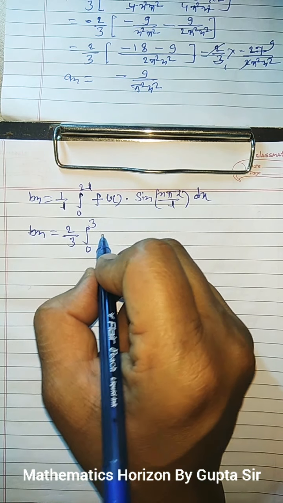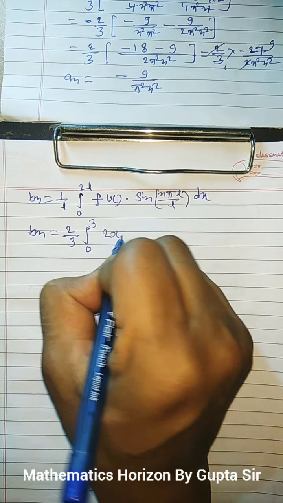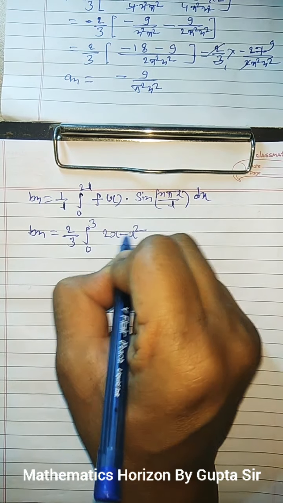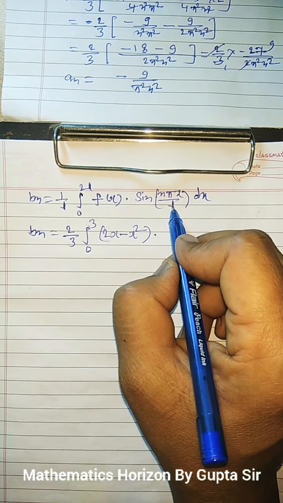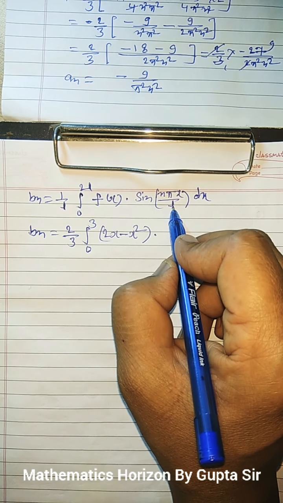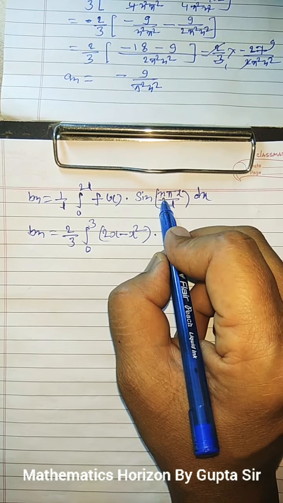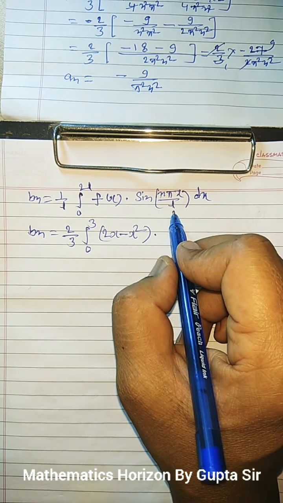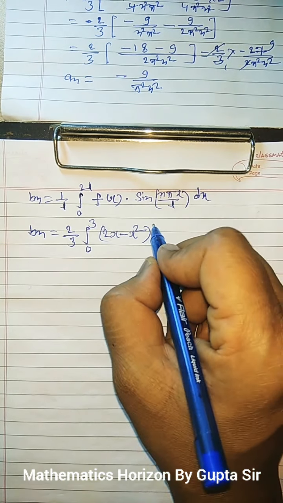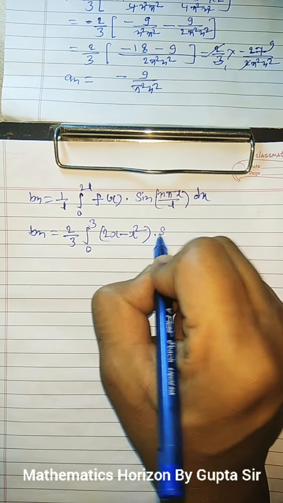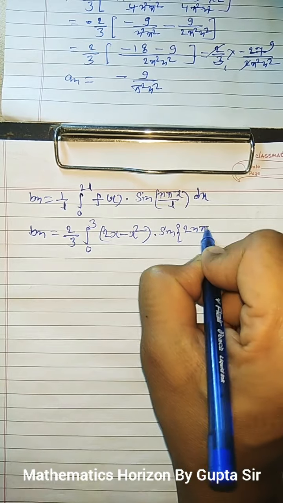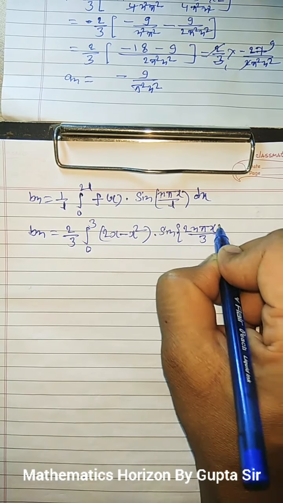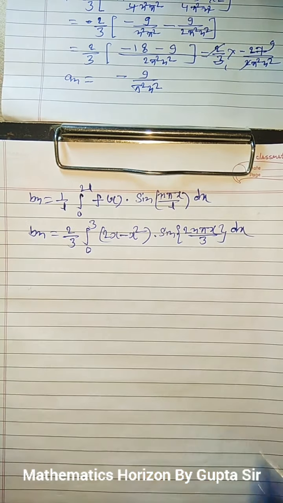And what is f(x)? f(x) is given 2x minus x square, and here sine, it will be sine 2n pi x upon 3 dx.